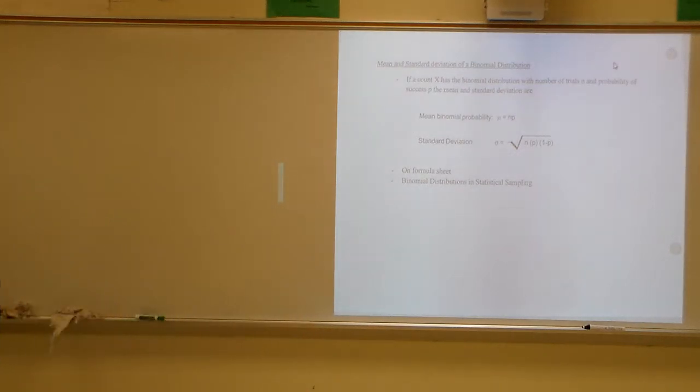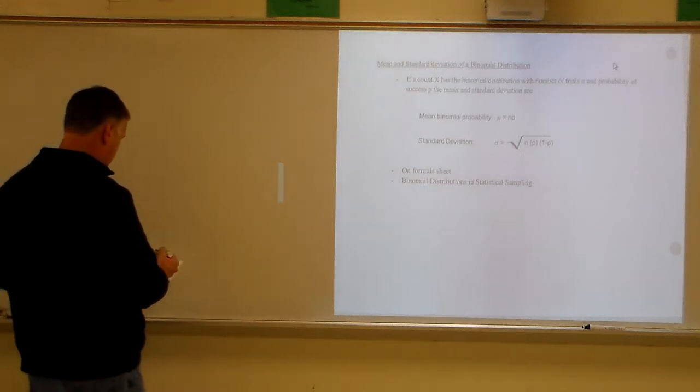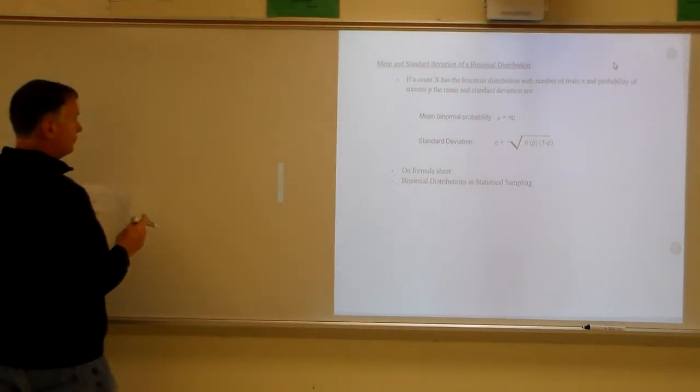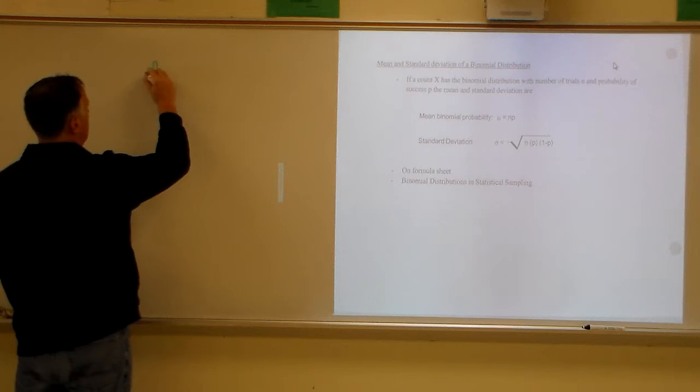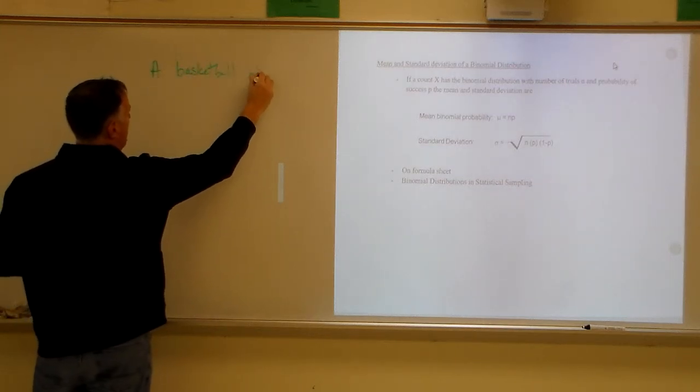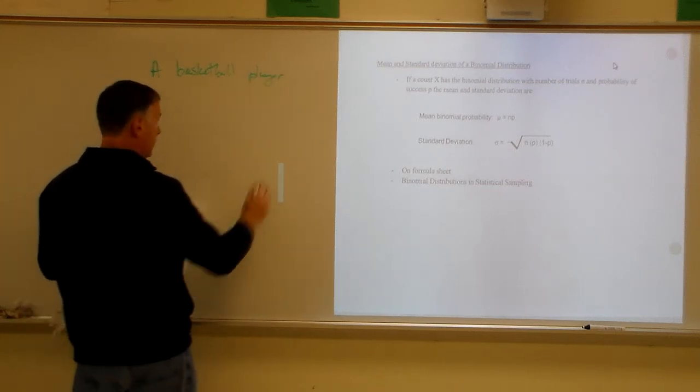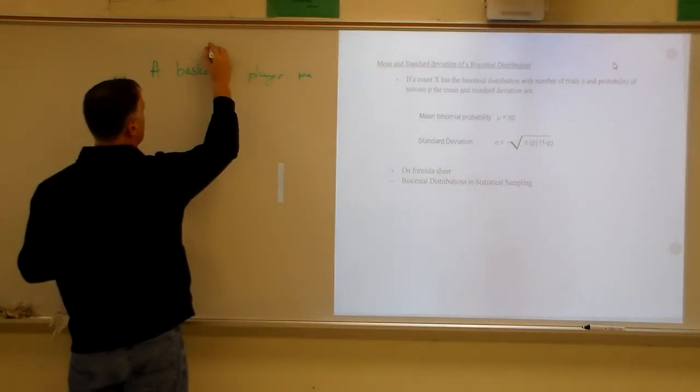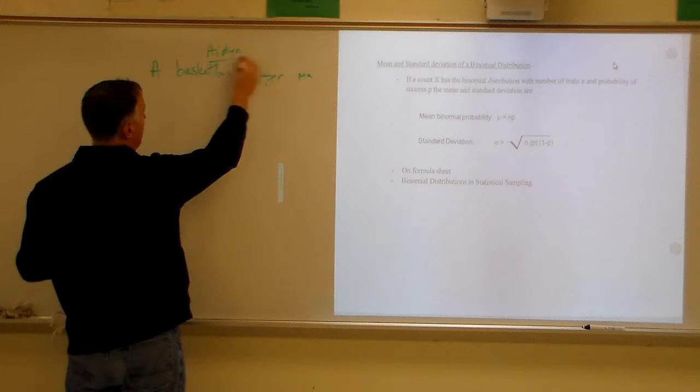So we're going to go back to that free throw example we did a little while back, where a basketball player, let's say it's 80, it's pretty close to what her percentage is.